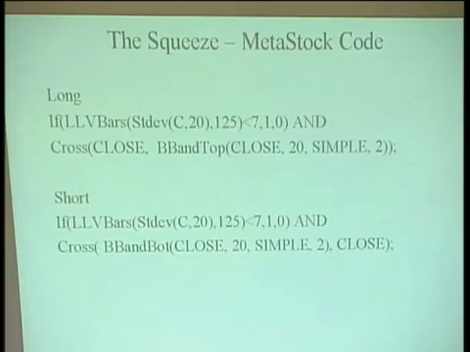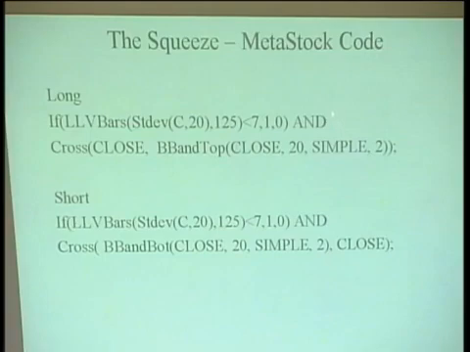If that's less than 7, then this statement is going to be true. It's going to evaluate to 1. If not, 0. So what we're saying is, if the lowest low in standard deviation in the past 6 months was within the past 7 days, then this portion of the statement is true.